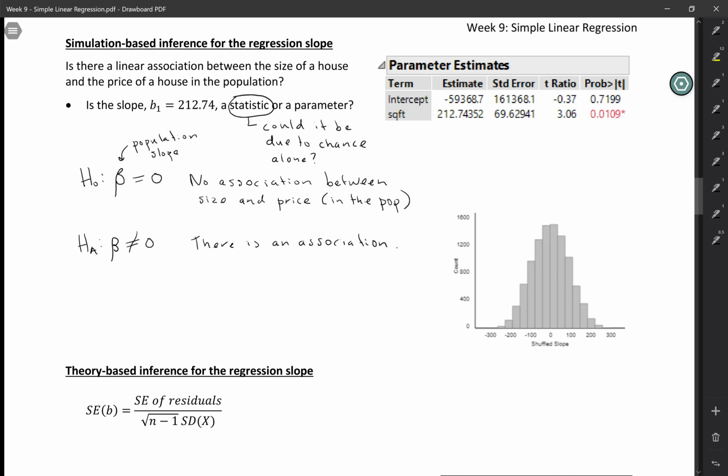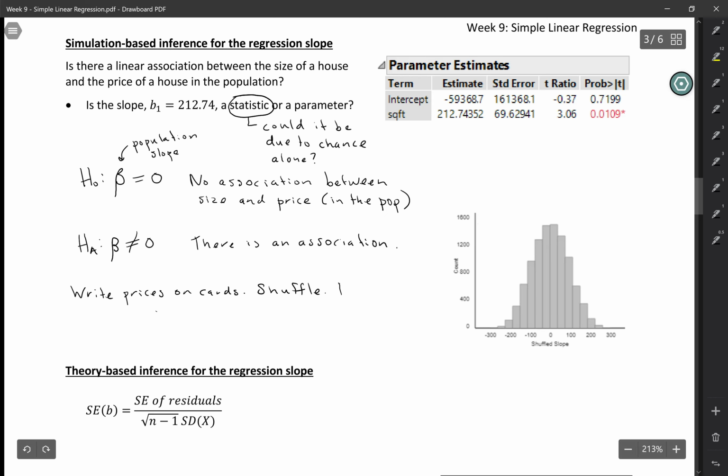We're still going to start off the same way. We're going to write our response variable on cards. In this case, that would be the prices, right? The prices on cards, and shuffle everything together. But then instead of dealing the response variable out into piles, into groups, you're going to randomly match it up with sizes.